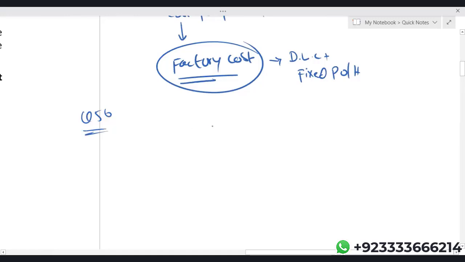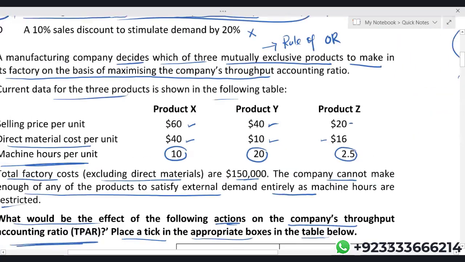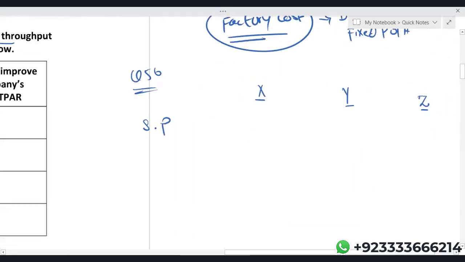Question 56. We have 3 products, X, Y, and Z. Selling price per unit is 60, 40, 20.